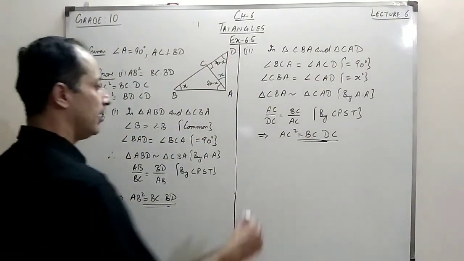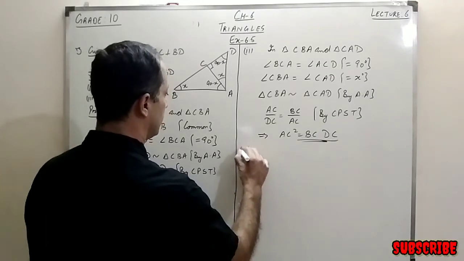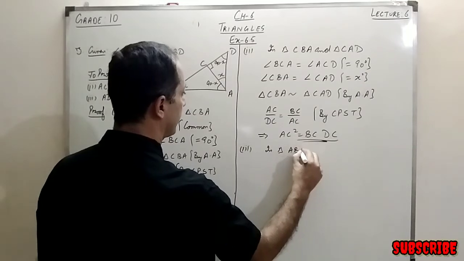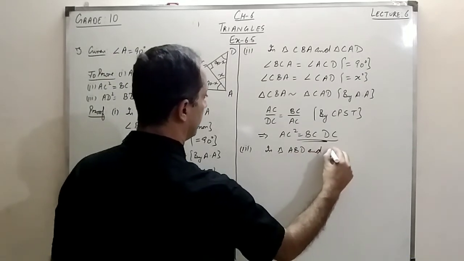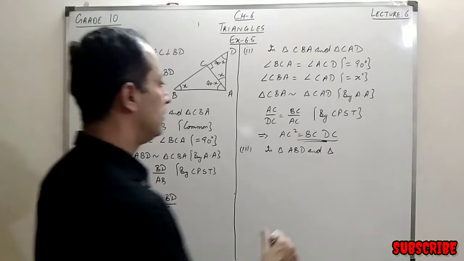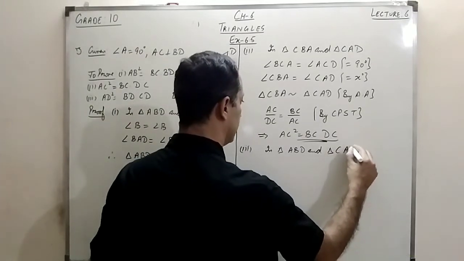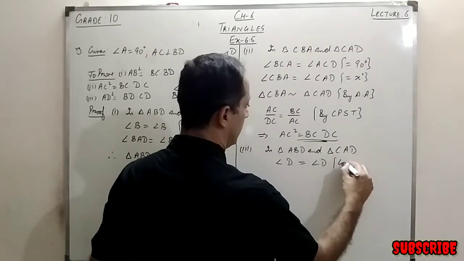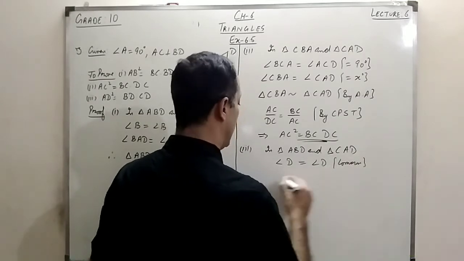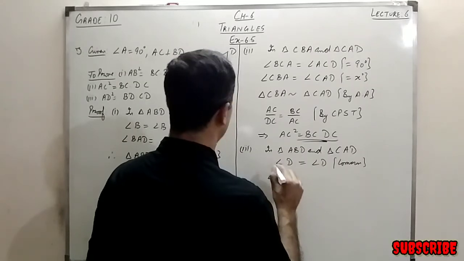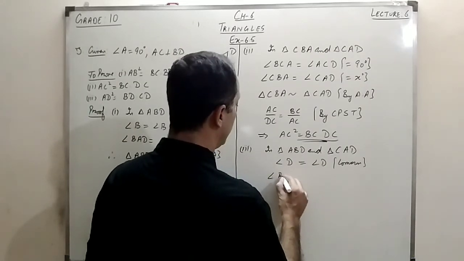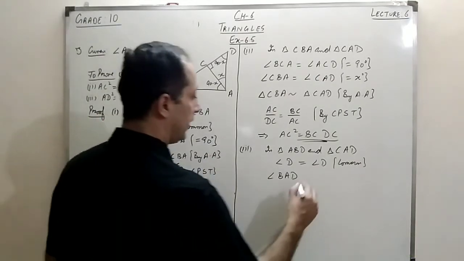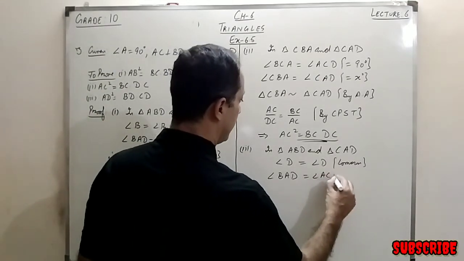Same way I can prove the third part also. It's quite simple. I take triangle ABD and triangle CAD. Obviously one angle is common, and the other angle, that is angle BAD in the first triangle, and from here I take angle ACD.